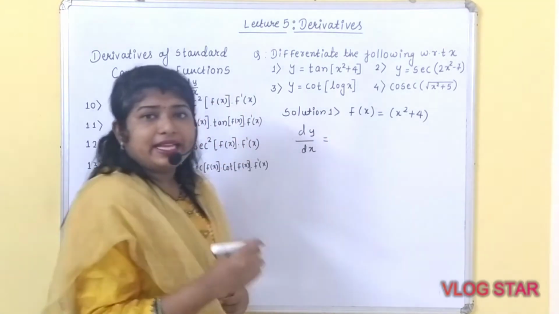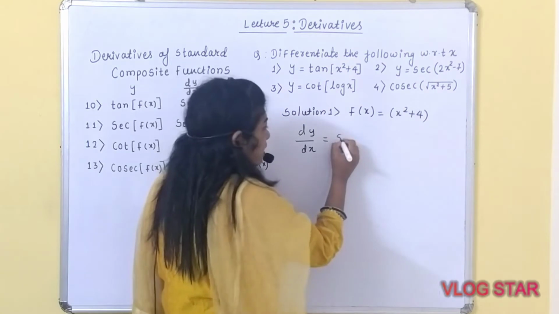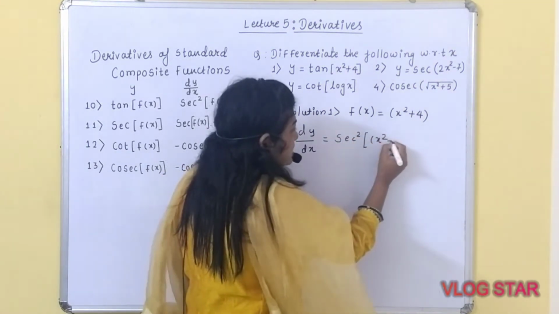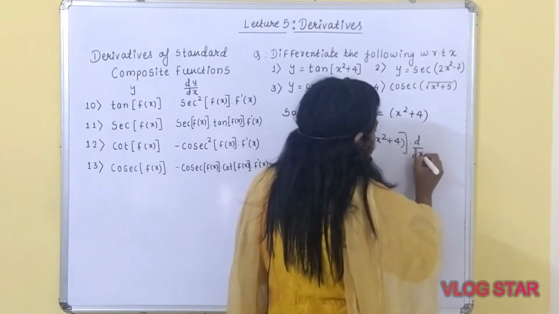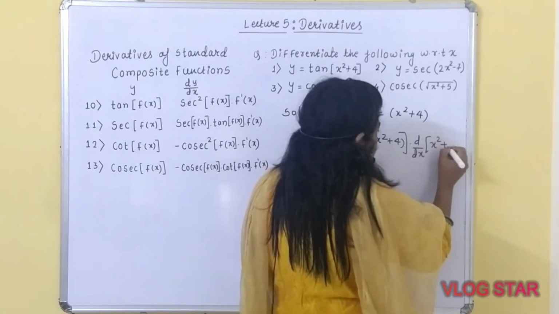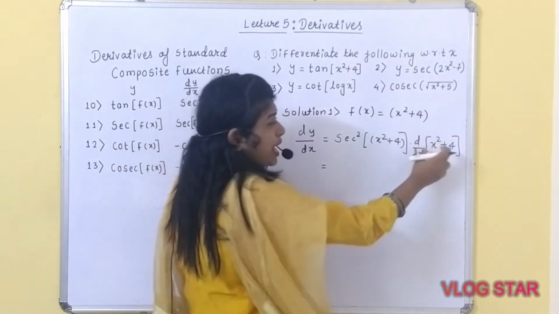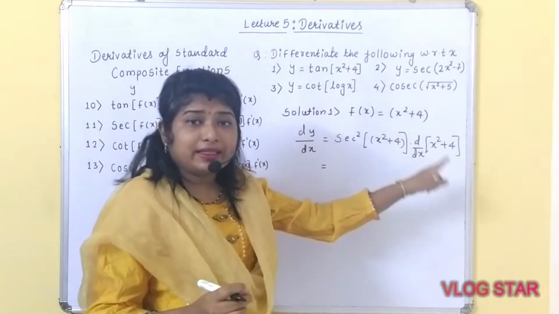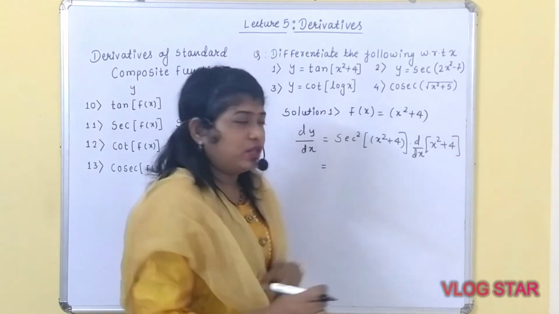dy by dx is equal to, as per the standard result, sec square f of x, which in this case is sec square of x square plus 4, into the derivative of f of x. The derivative of x square plus 4 is 2x plus 0, as 4 is a constant term.